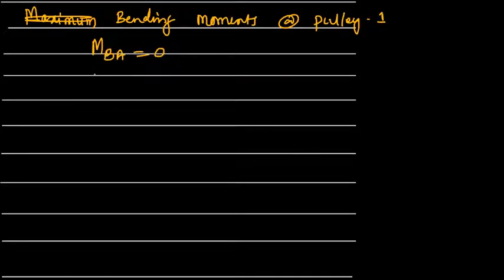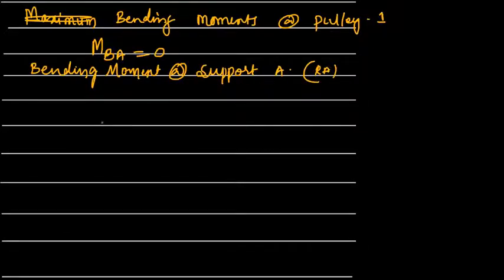Next, bending moment at support A, that is RA, reaction force. Now you are going to get some value here. Now I will draw the diagram here, considering only the left hand portion.